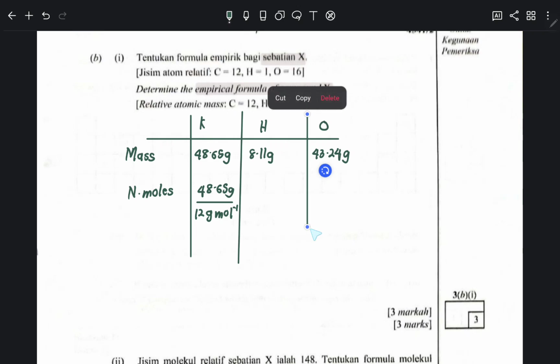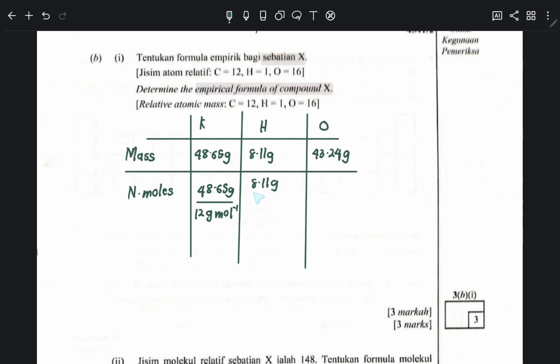And then the next one, you divide with its molar mass. So hydrogen, molar mass is 1 gram per mole. And your oxygen is 16 gram per mole. Then press your calculator to get the number of moles.